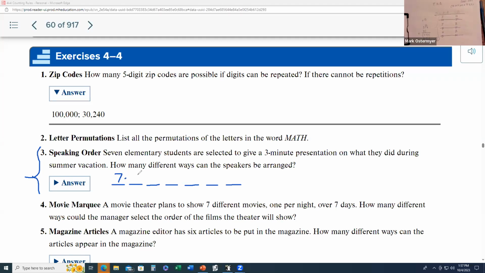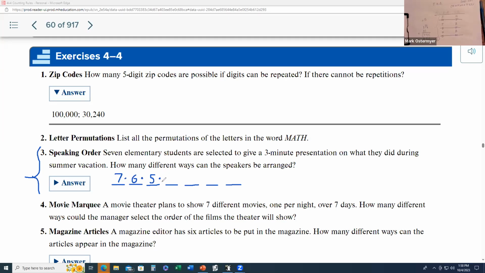So how many students are left that can go second? Give the speech second would be what? 6 ways, correct? But now a student went first and a student went second. That means we only have 5 students left to select who can go third. But now 3 students have gone and given their speech.